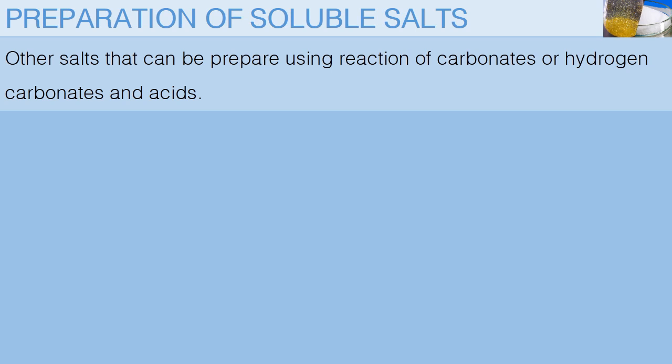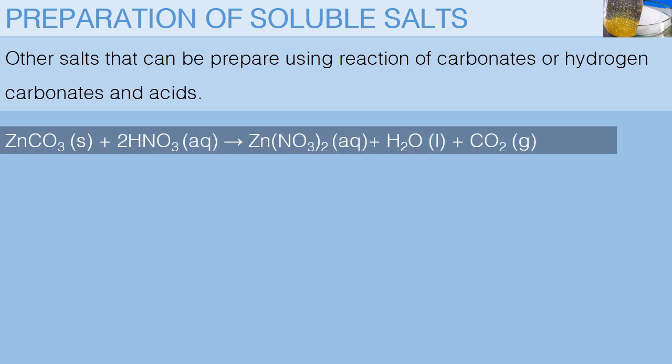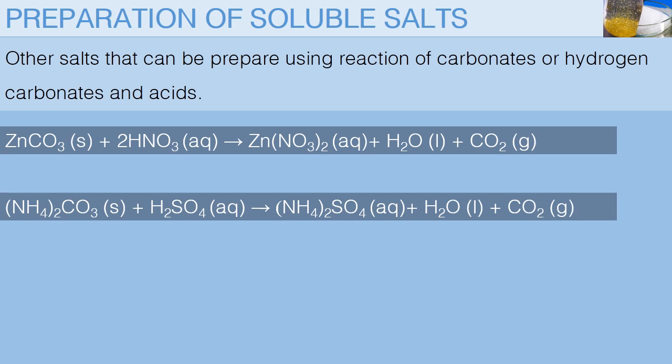Once again, other salts that can be prepared using the reaction between carbonates or hydrogen carbonates with acids are zinc nitrate. Zinc nitrate can be prepared by the reaction between zinc carbonate and nitric acid. The next one is ammonium sulfate.